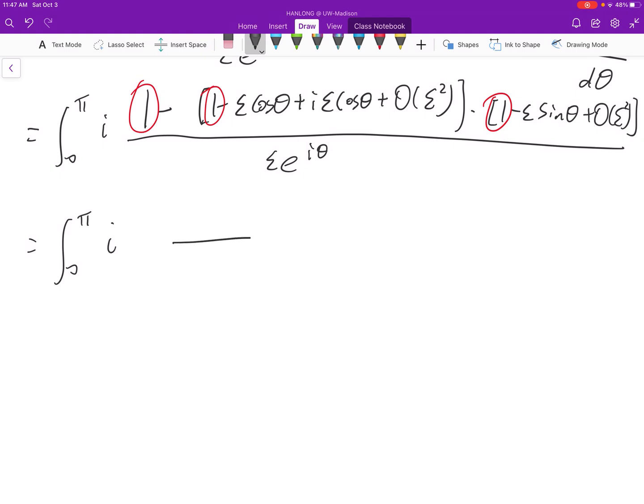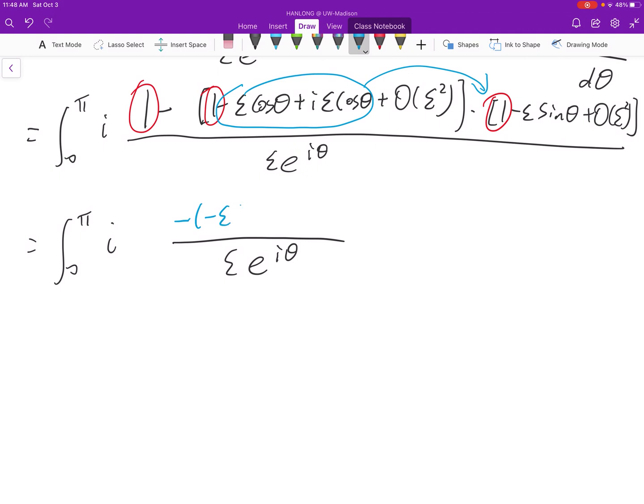I times epsilon exponential I theta. And for the first order term, you have this part times 1. So you have minus epsilon cosine theta plus I epsilon cosine theta.